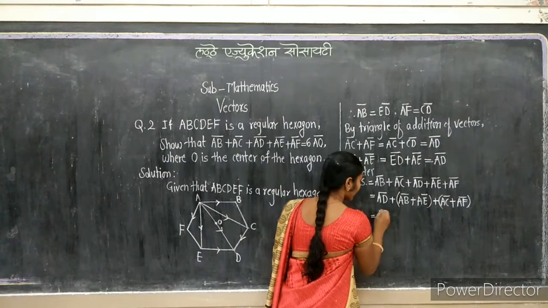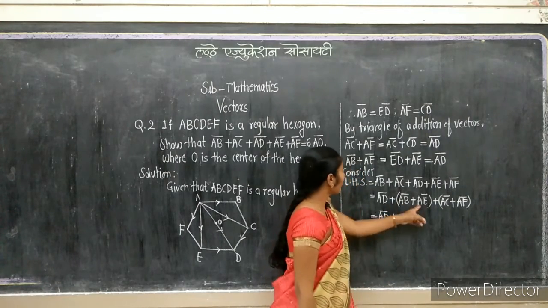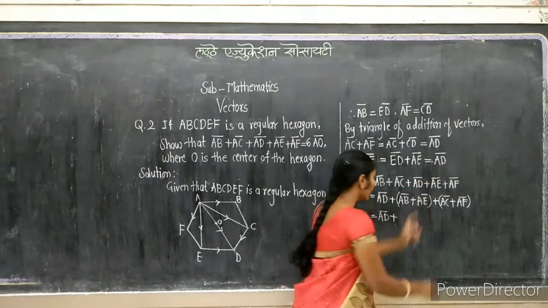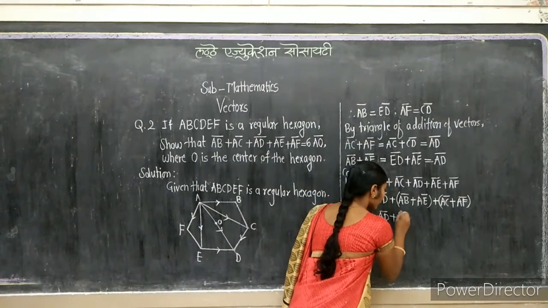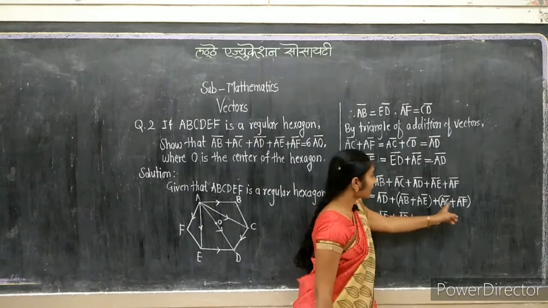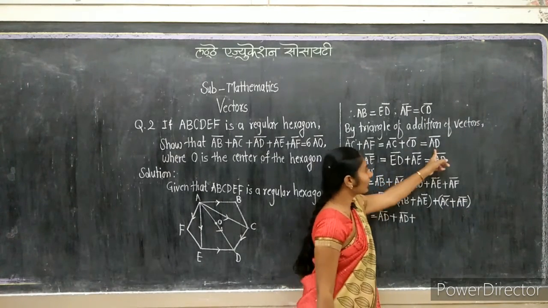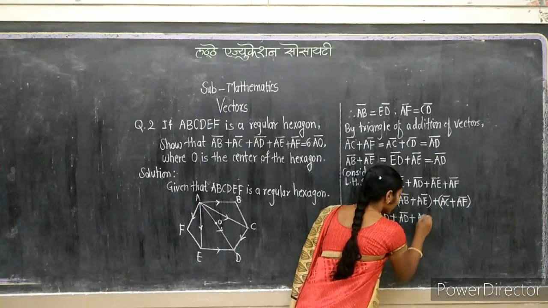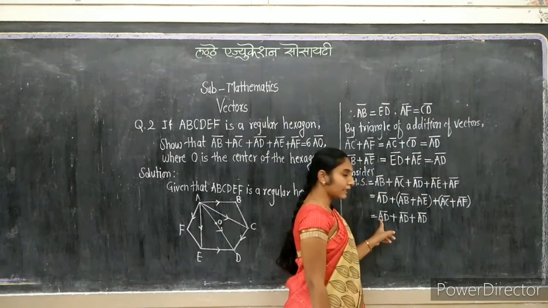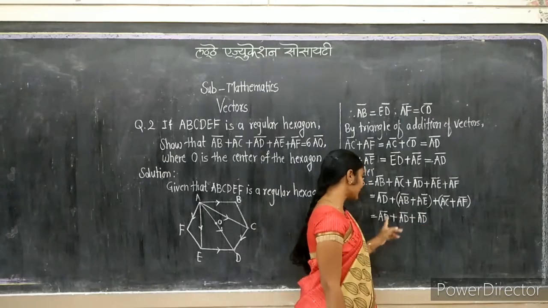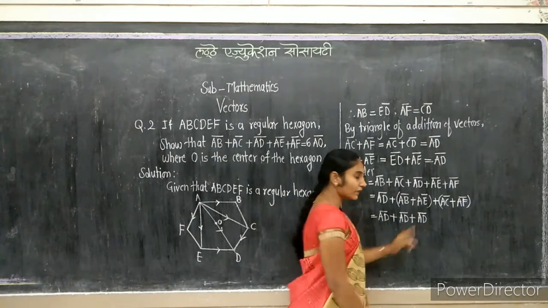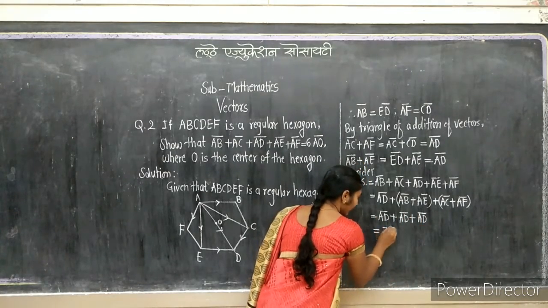AD bar plus AB bar plus AE bar is equal to AD bar plus AD bar, plus AC bar plus AF bar is equal to AD bar. That is the addition of these three terms, AD bar plus AD bar plus AD bar, that is 3 AD bar.